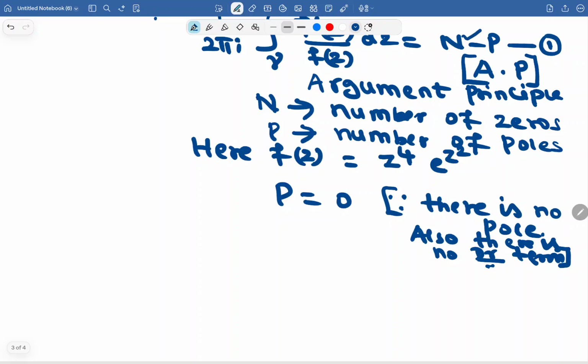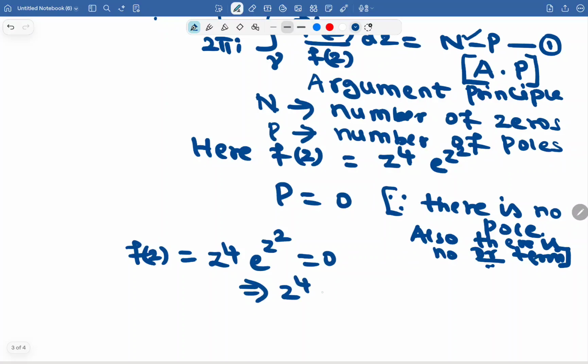For finding the number of zeros, equate the numerator to 0, that is z power 4 e power z square, which is f of z, equal to 0, which implies z power 4 equal to 0 and e power z square equal to 0.